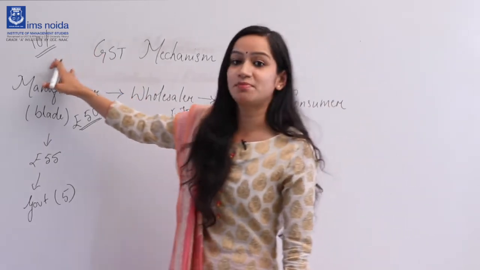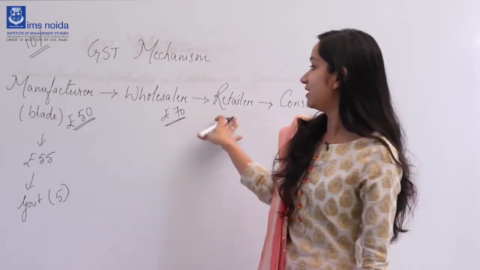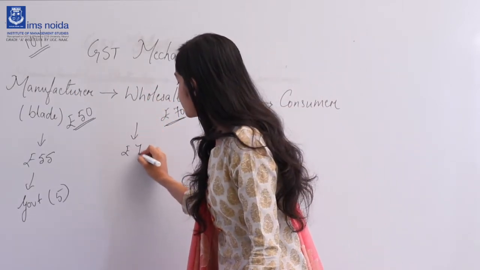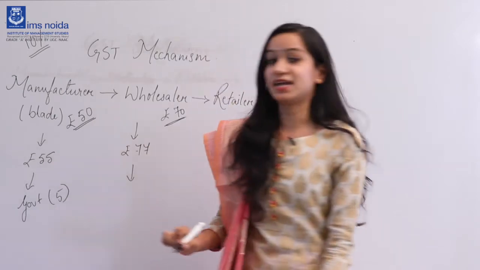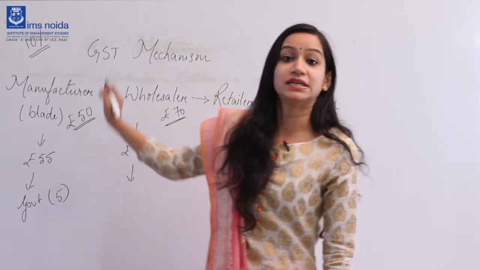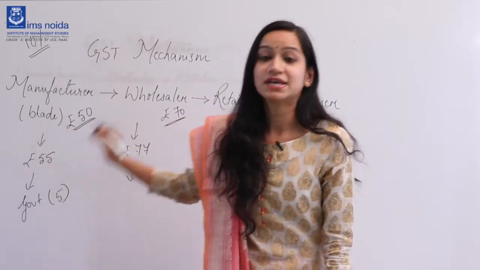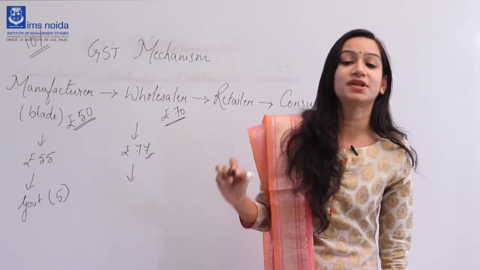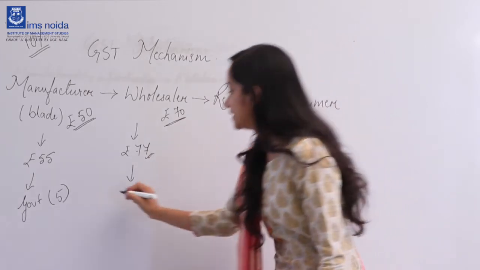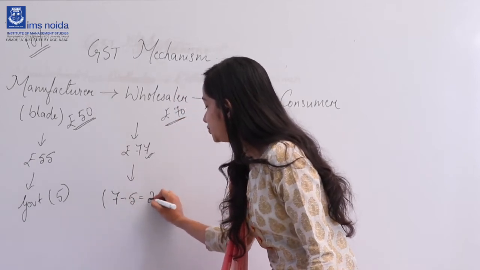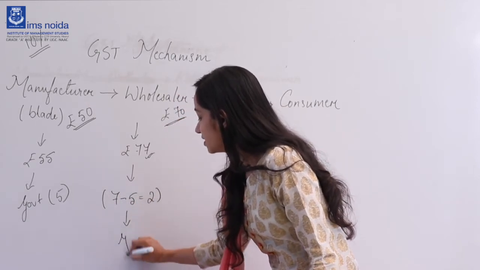GST rate being 10%, the retailer will be paying rupees 77 to the wholesaler. Now, we need to decide the amount of tax which the wholesaler needs to pay to the government. We need to be very clear that the wholesaler will not pay rupees 7 to the government. Instead, the wholesaler will pay 7 minus 5 equal to 2, that is rupees 2 to the government.